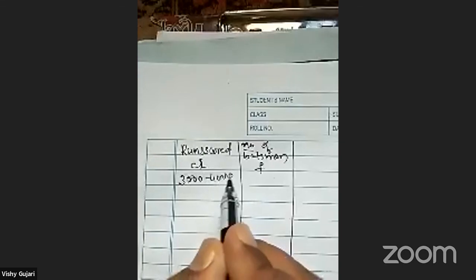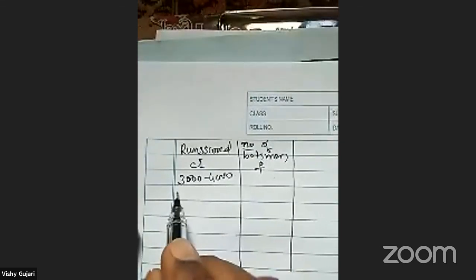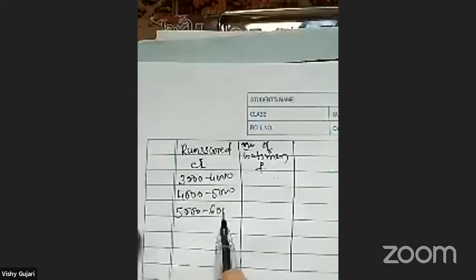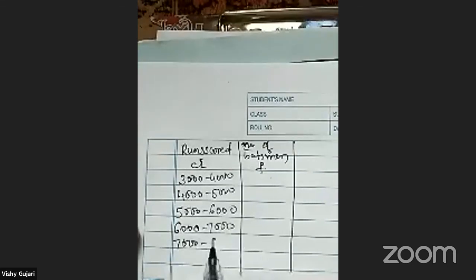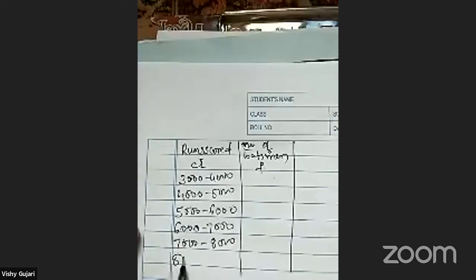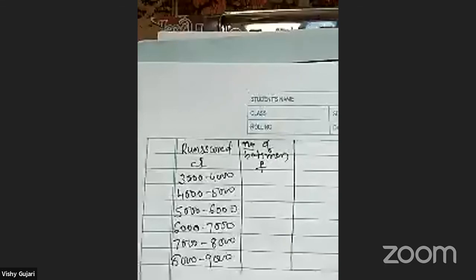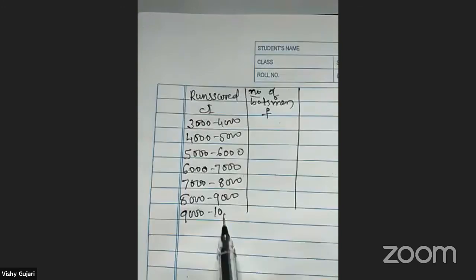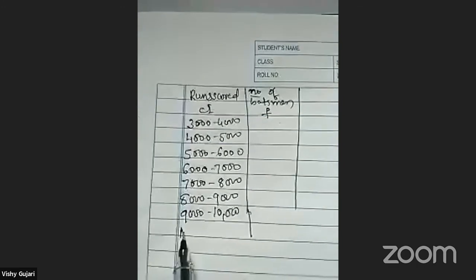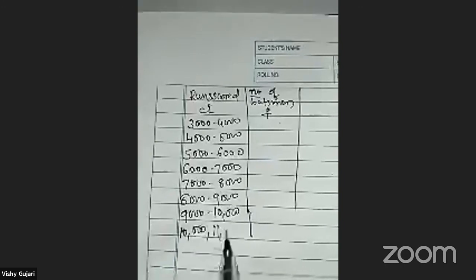3000 to 4000, 4000 to 5000, 5000 to 6000, 6000 to 7000, 7000 to 8000, 8000 to 9000, 9000 to 10,000, then 10,000 to 11,000.